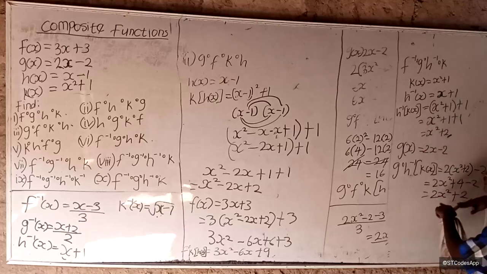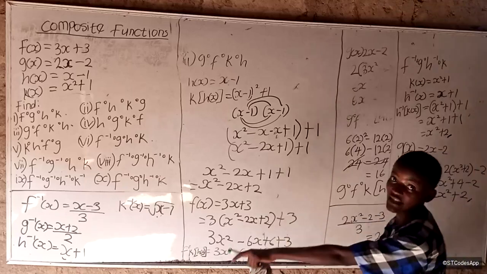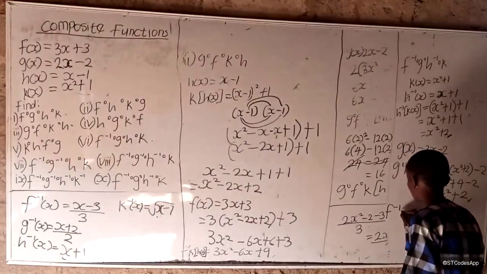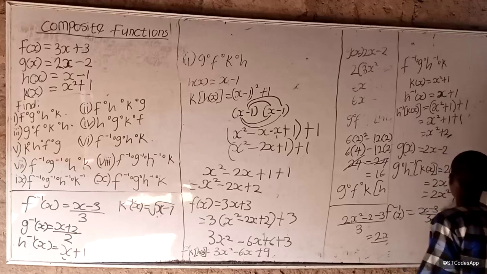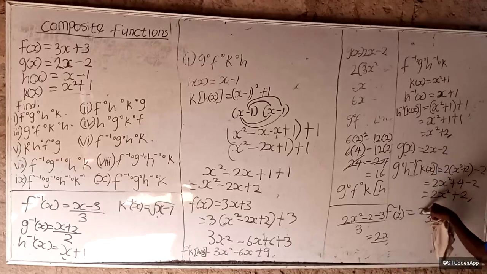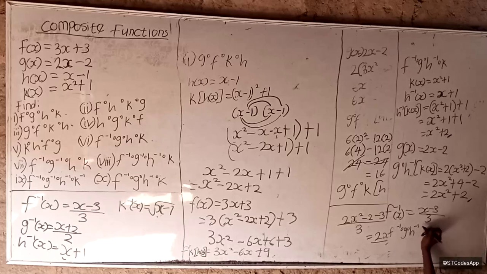So we're also going to plug this value into our f inverse of x. And our f inverse of x there equals x minus 3 over 3. So this value will be plugged in as x here. So we have f inverse of g of h inverse of k of x to be 2x squared plus 2 into bracket minus this 3 here all over 3.